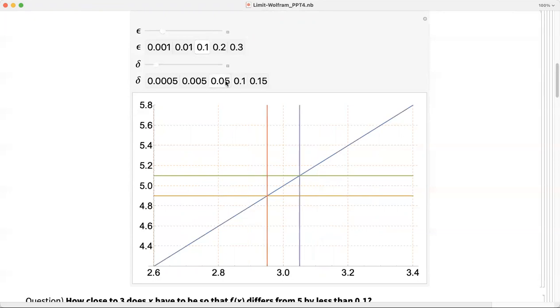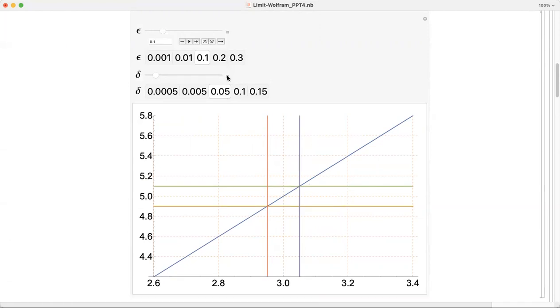What if delta is 0.05? Then every x value in that interval has a function value between the two horizontal lines, so the distance between the function value and 5 is less than 0.1. So delta must be 0.05.